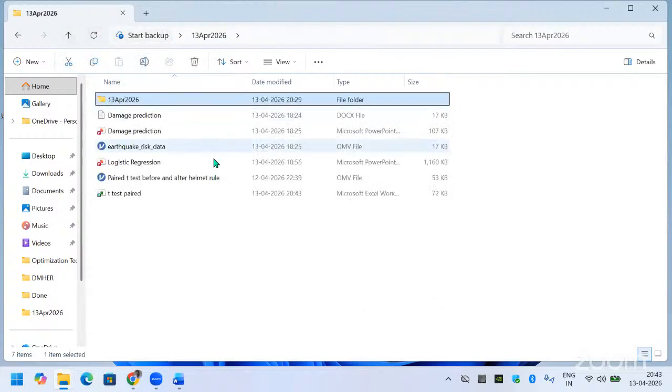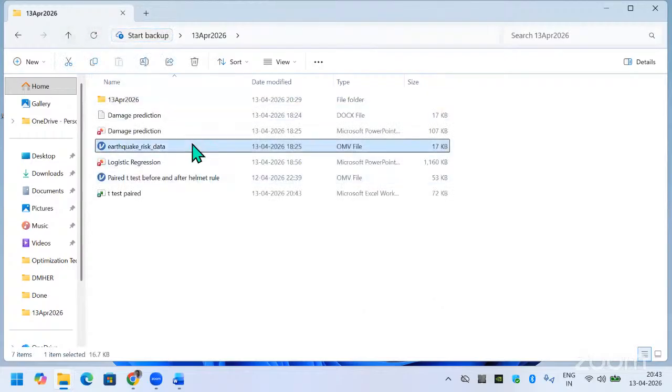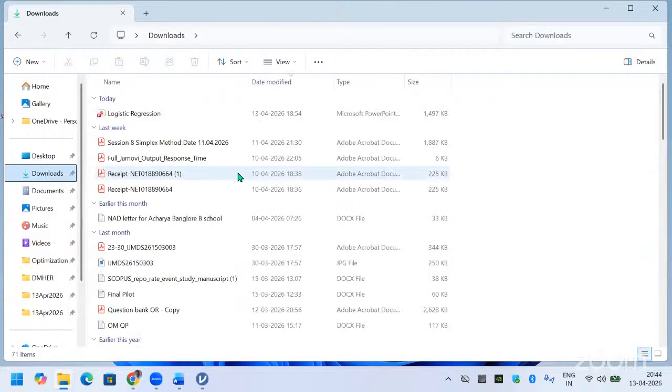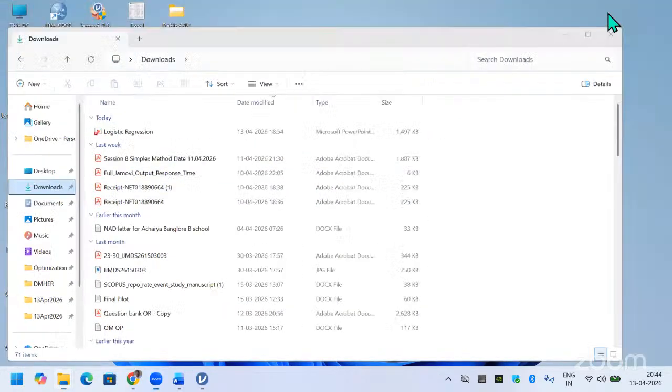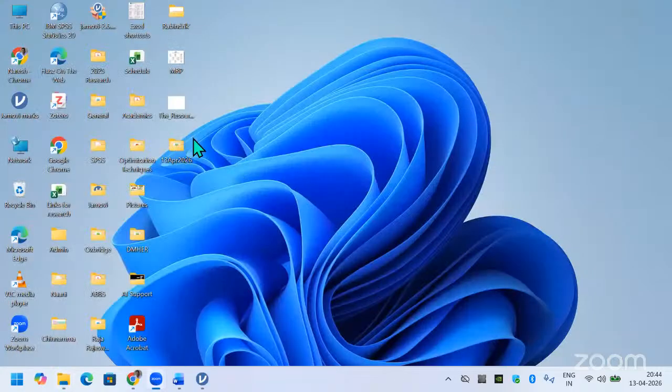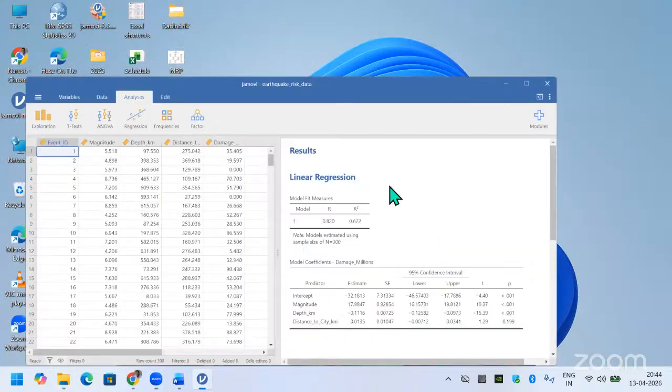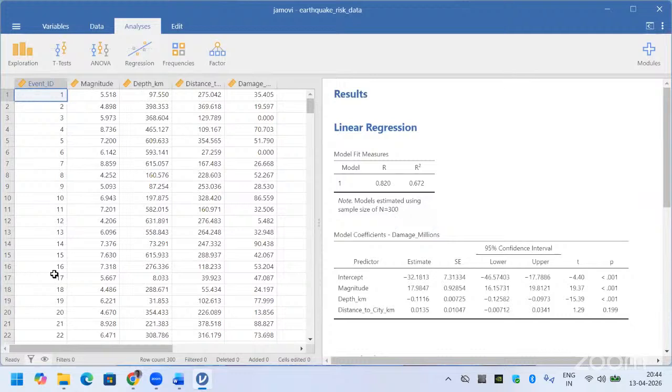One minute, I think it is in my downloads. It is not there either. Fine, so let me just explain this output. I'll be sharing this earthquake data also.